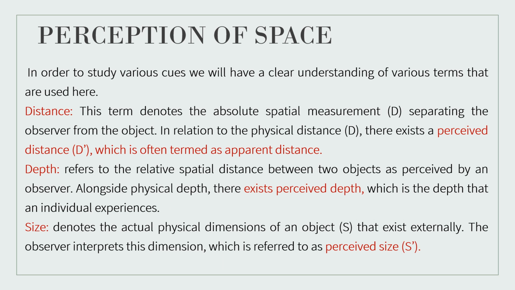In terms of distance, there are two kinds: the actual distance between the observer and the object, like this furniture, and the perceived distance. The actual distance may be 3 meters and you may perceive the distance of that object as 2.5 meters or 3.5 meters. So this is perceived distance. Similarly, there is a perceived depth and a perceived size of the object, which is not the actual size or actual depth and distance of the object.